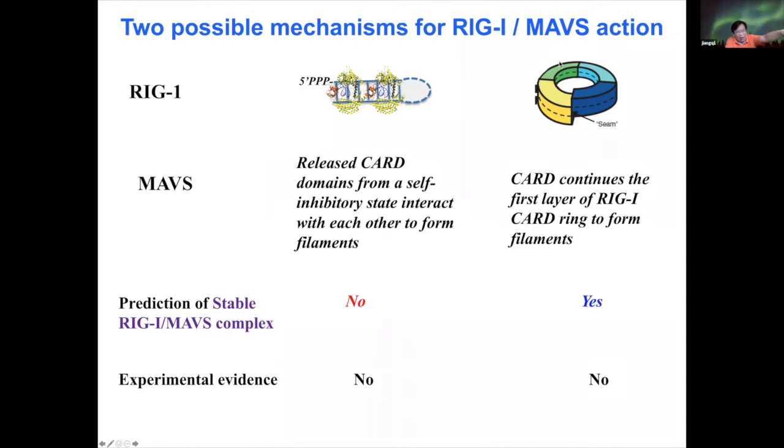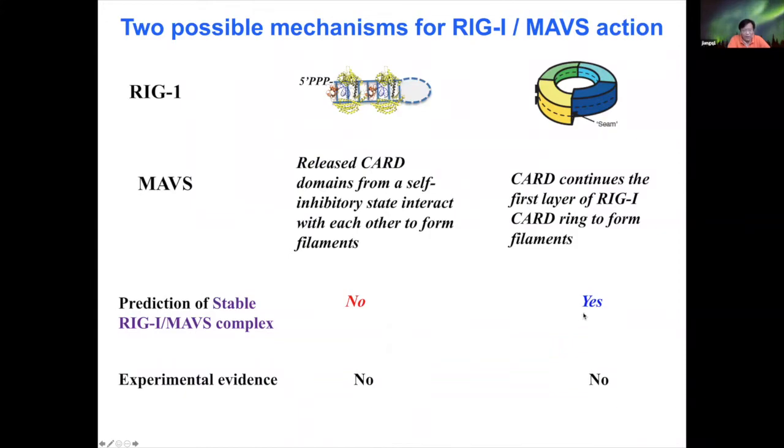This organization of the RIG-I matches with the C1 filaments of MAVS, such that they would form a highly stable complex, which would predict that in the active form of MAVS, or really in the virus infected cells, we should see clear co-localization of RIG-I and MAVS. But unfortunately, until now, we have also tried significantly.